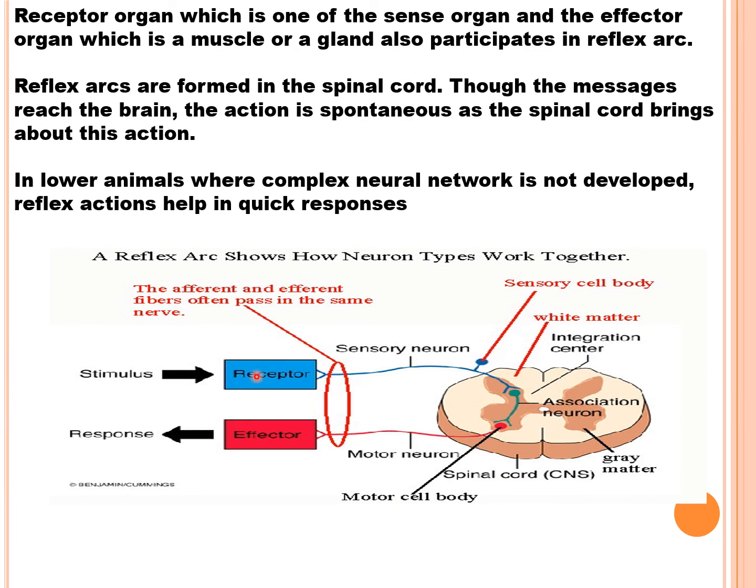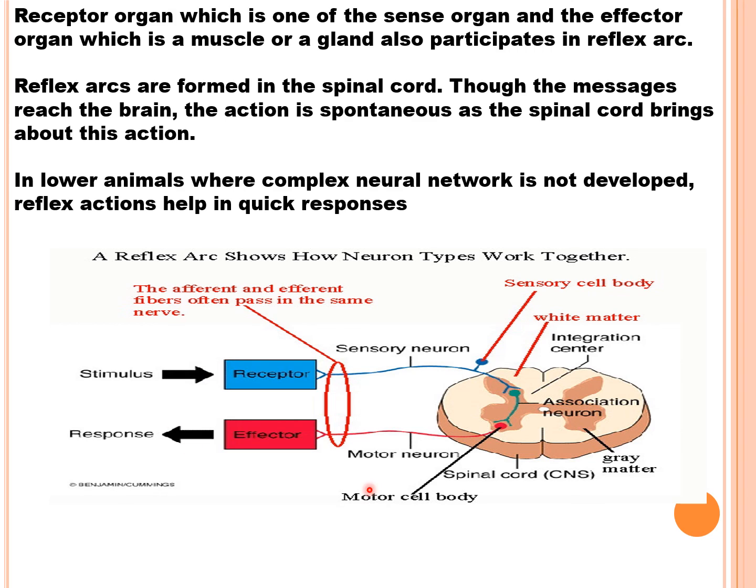The receptor organ, which is one of our sensory organs, and the effector organ, which is a muscle or a gland, both participate in the reflex arc. The reflex arcs are found in the spinal cord. But after the instant response, the sensation is also carried to the brain. But the brain is not responsible for interpreting the message.